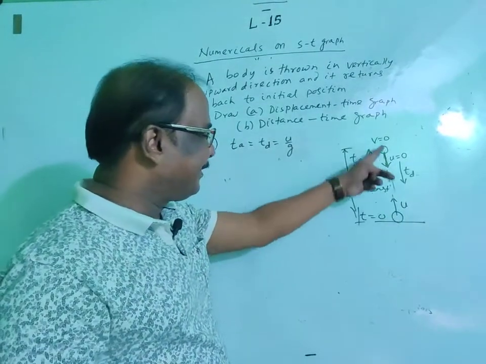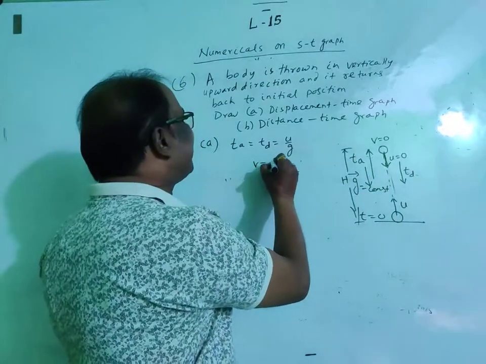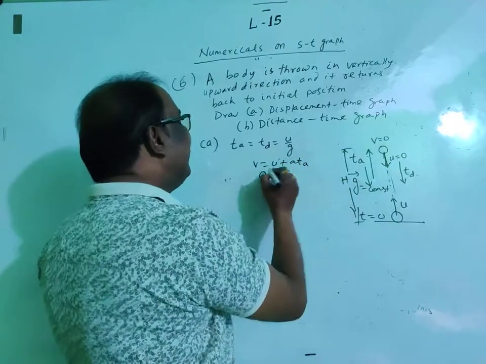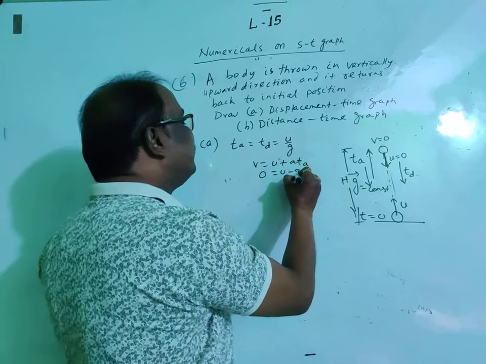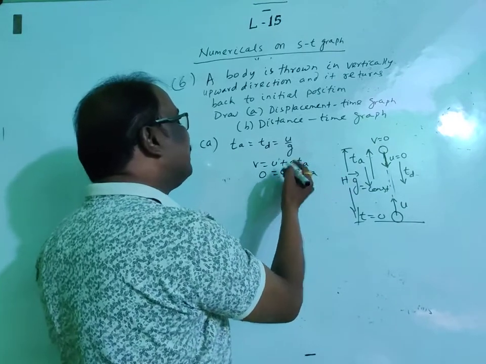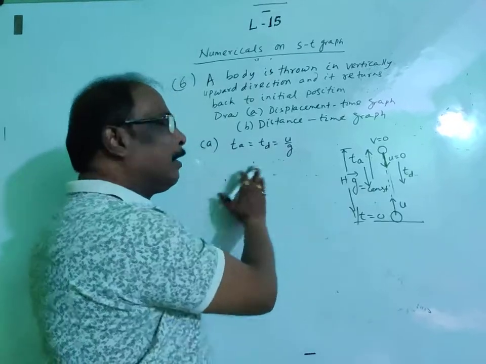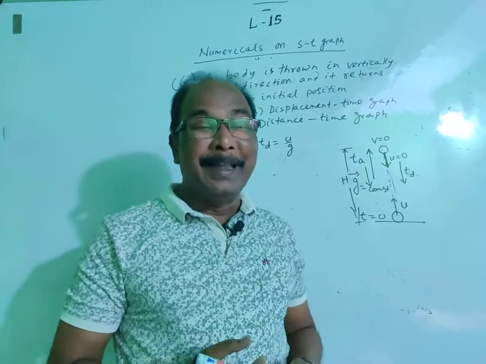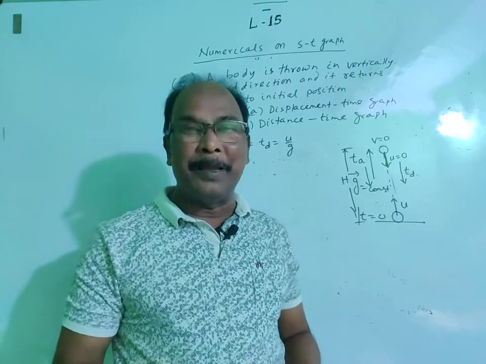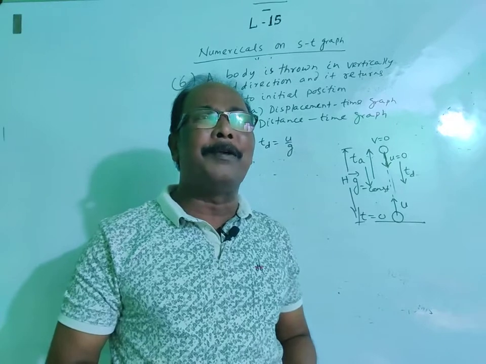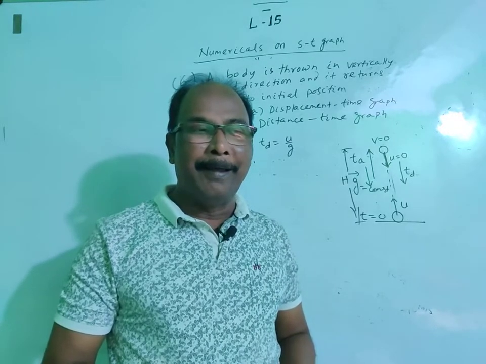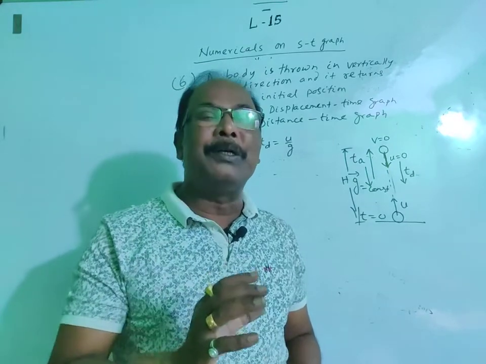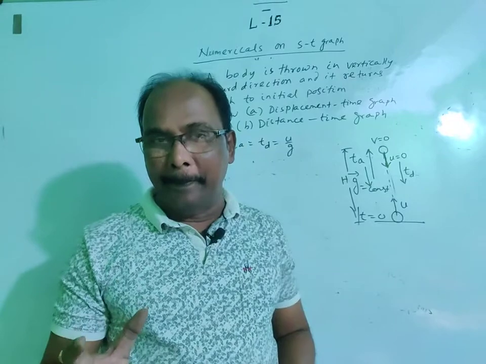As per the equation, for time of ascent, v is equal to u plus at. Final velocity is 0, and in place of a we take minus g, so time of ascent is u by g. We have also proved that time of ascent is equal to time of descent. Those students who have not followed the video, we have discussed in brief a complete lecture on motion under gravity.